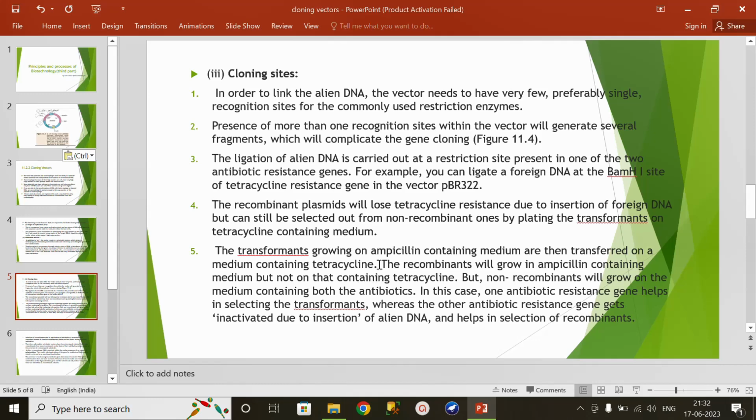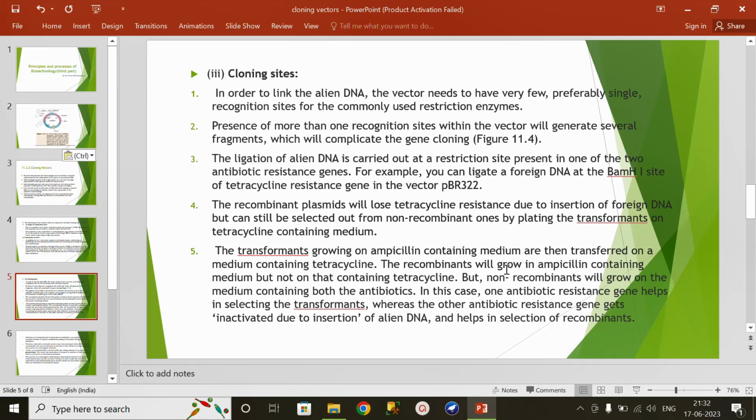Ampicillin resistance genes are present inside the transformants, therefore they give resistance to ampicillin-containing medium. If we replicate the same colonies onto tetracycline-containing medium, the recombinants do not grow, because of which we can select the recombinants.